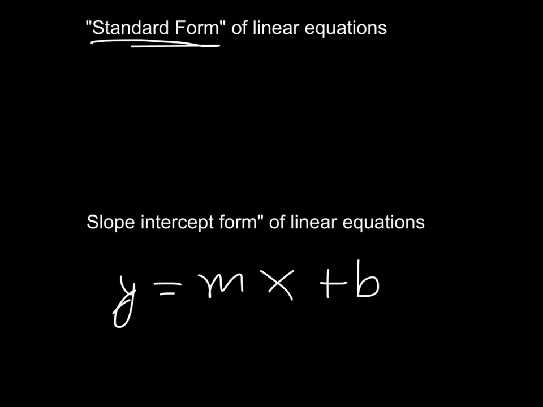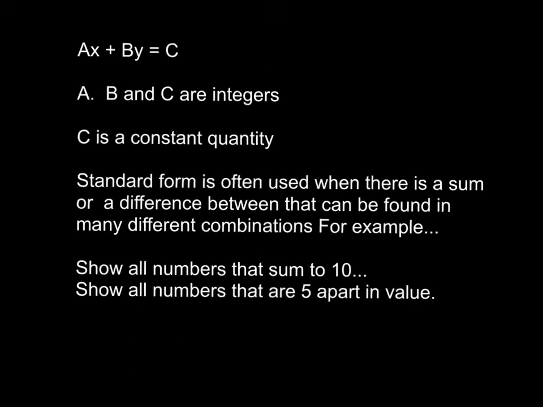Equations that are in standard form take a little bit longer to graph, but they too can be graphed quickly. An equation in slope-intercept form looks different than one in standard form. In standard form, it might be, for example, 2x plus 3y equals 12.